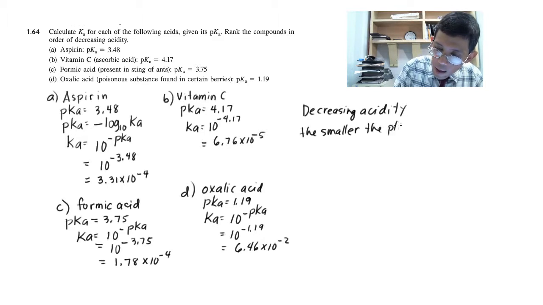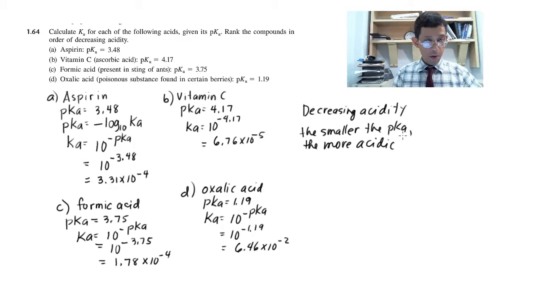Okay, so the compound with the smallest pKa would be oxalic acid.